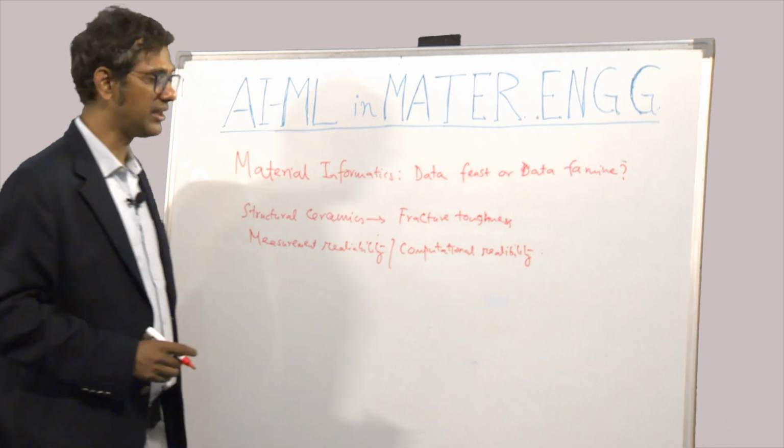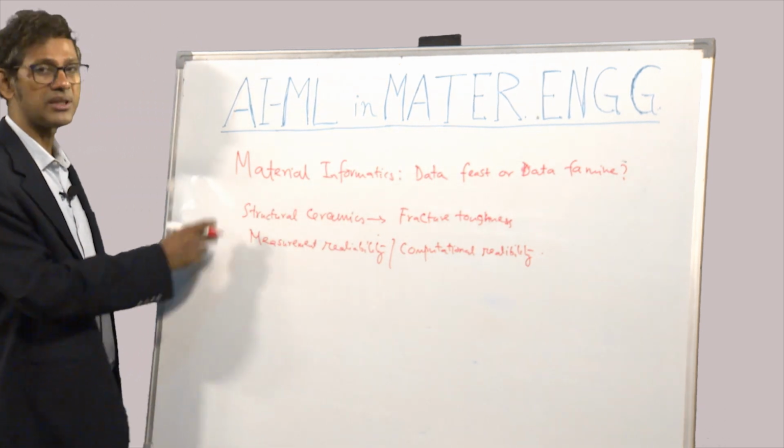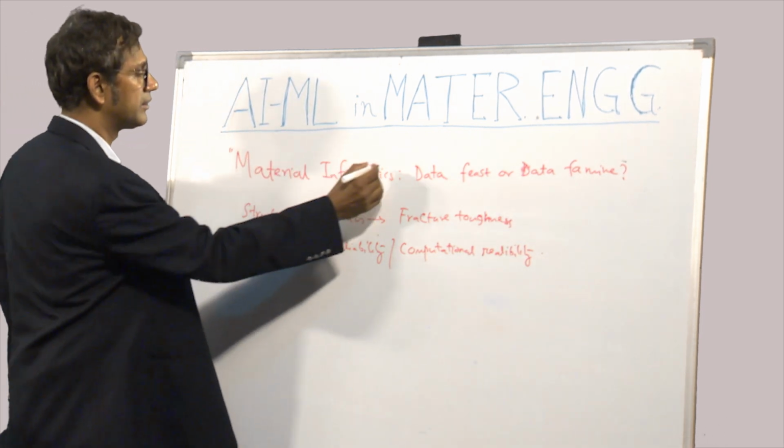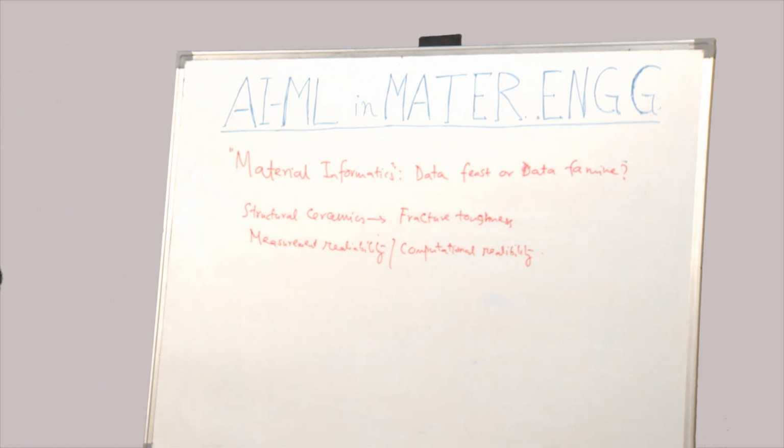They are the biggest challenge if you want to generate a database of fracture toughness of structural ceramics, and without a database you cannot do material informatics. Hope you understand that. So, that is what we call data feast or data famine.